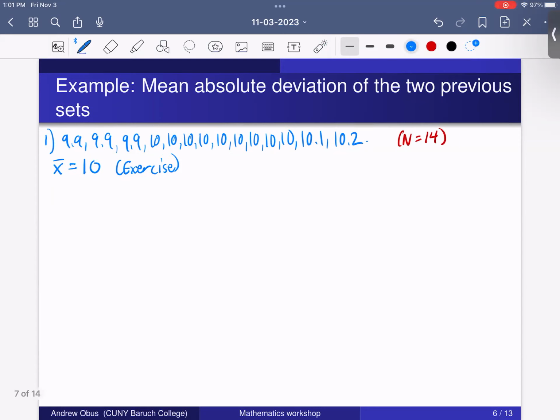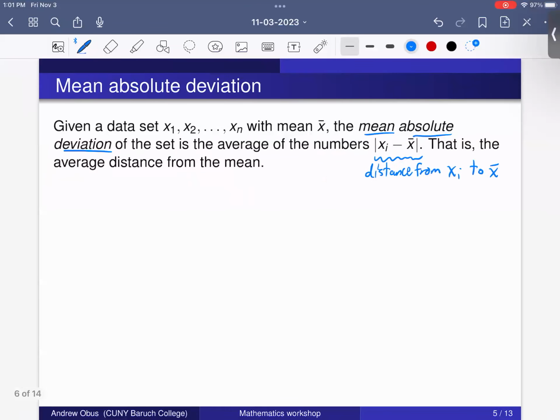Okay, so now how do we do the mean absolute deviation? Well, you have to take all of the measurements and look at their distance from the mean. So what we have to do is take the average of all of these numbers.